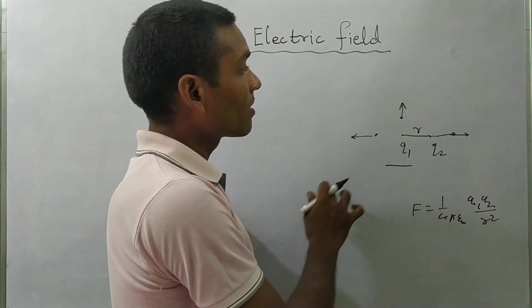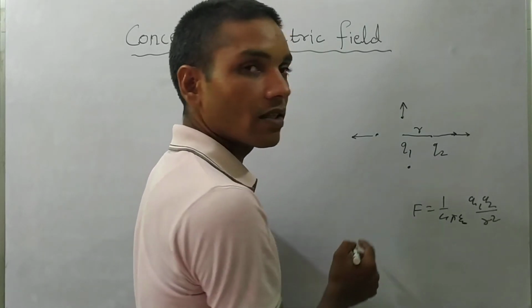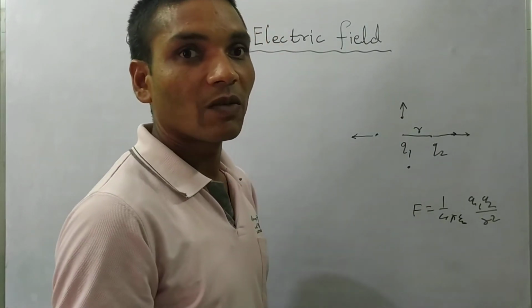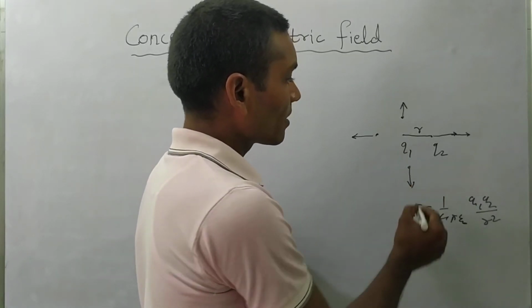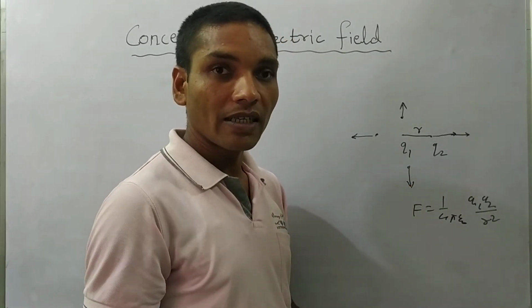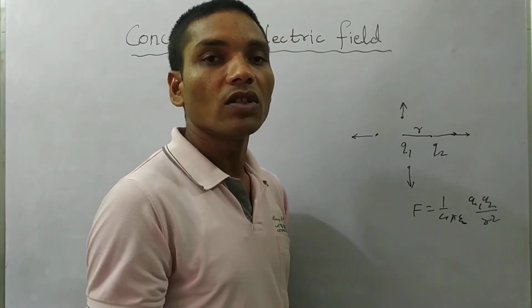After some distance, the force will be 0. If this point charge is at this point, it will experience some electrostatic force. On increasing the distance, the force will decrease, and after some distance, here the force will be 0.